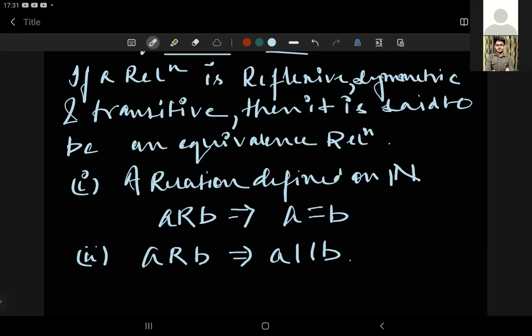That's a tautology, it's true every time.